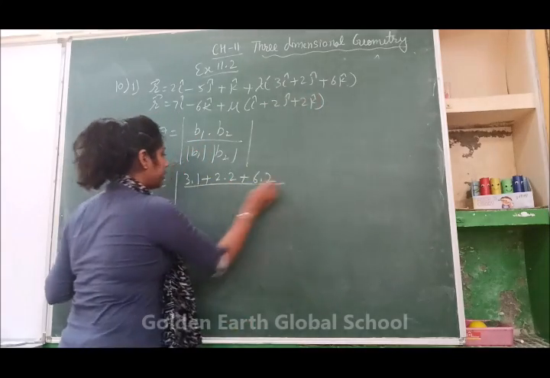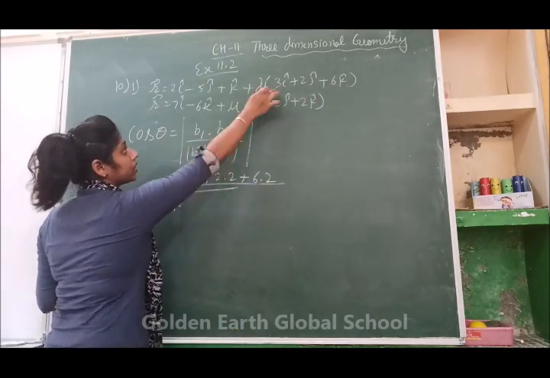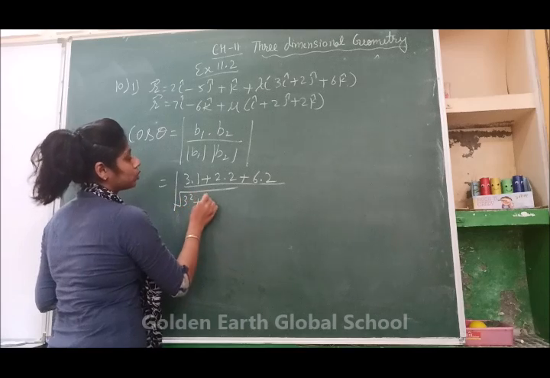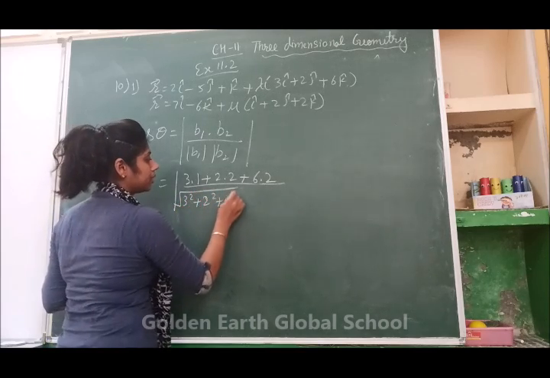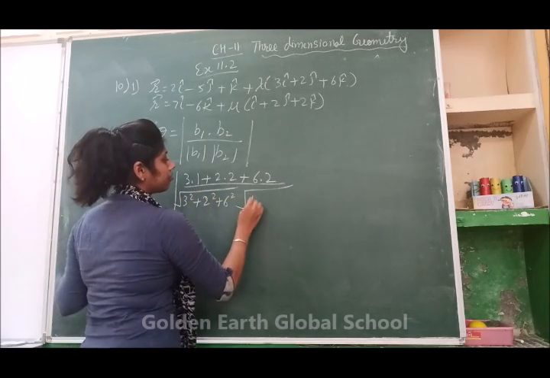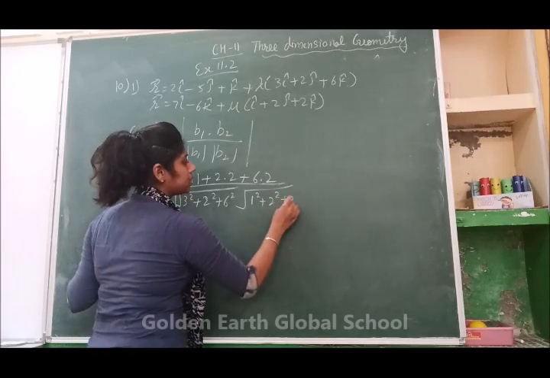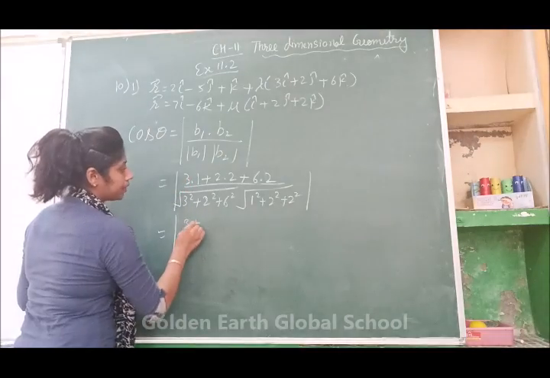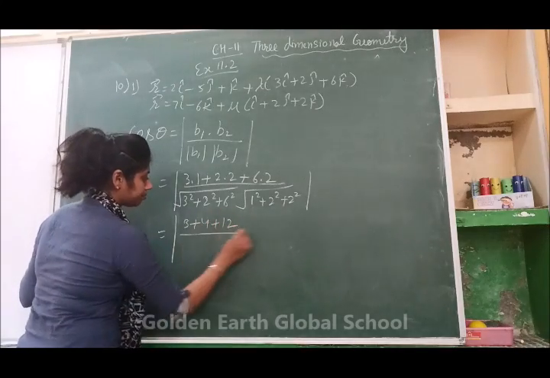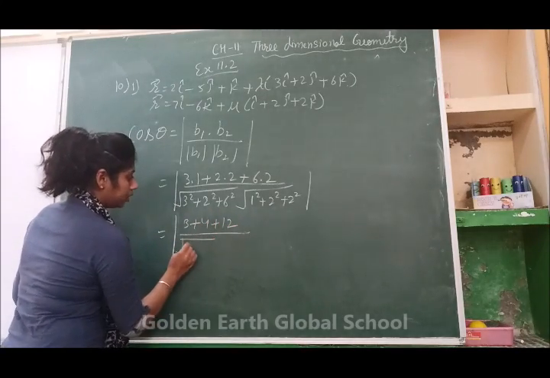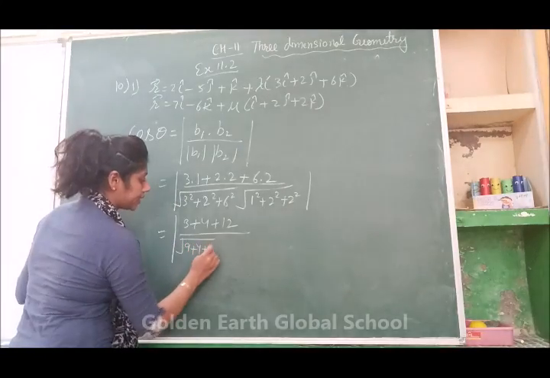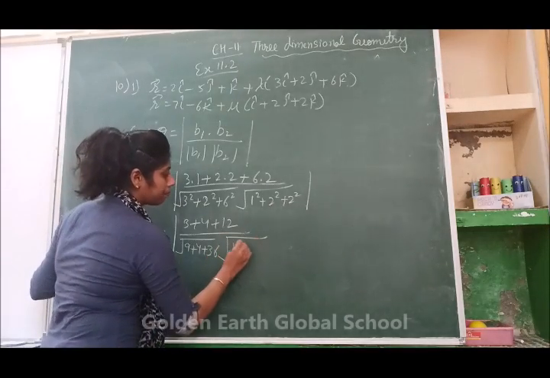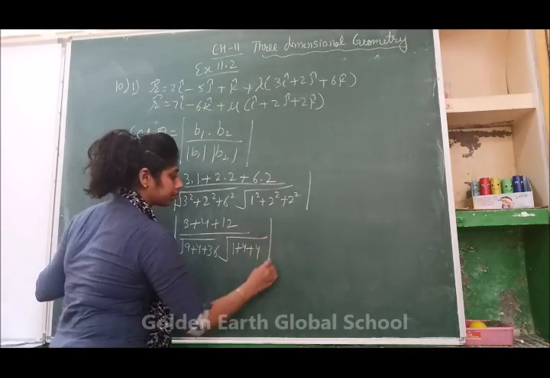In the denominator, find the magnitude. 3 square plus 2 square plus 6 square. Second, 1 square plus 2 square plus 2 square. So on simplification, 3 plus 4 plus 12, 9 plus 4 plus 36, 1 plus 4 plus 4.